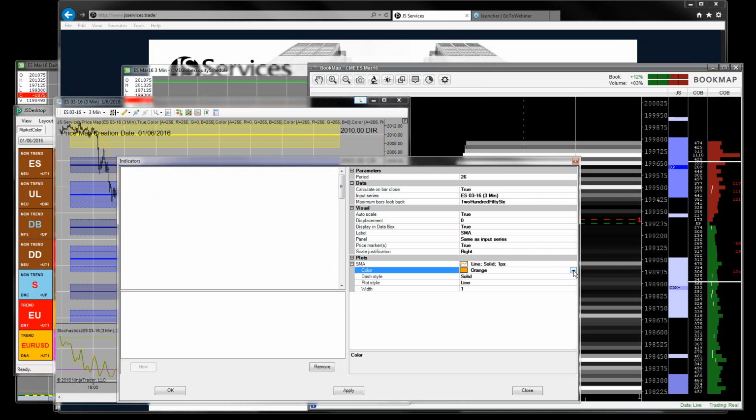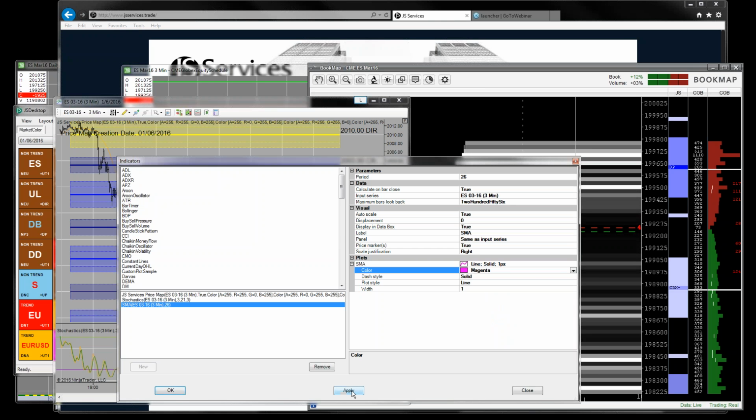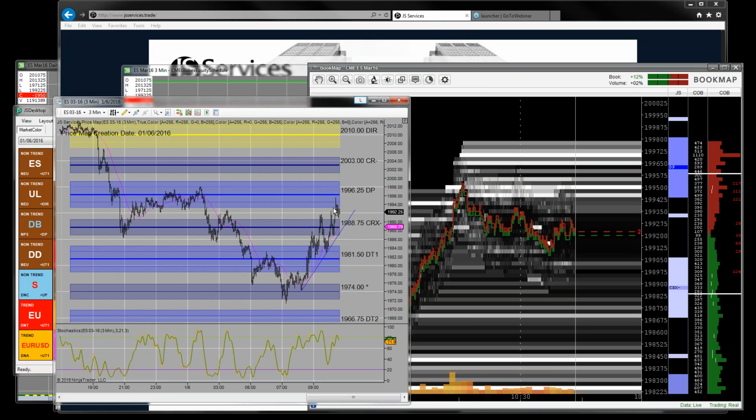There are no magic numbers on any of these indicators, but they just give some insight, kind of in your face, of what this market is doing. Is it trending, and which way is it trending? And if we're looking for a turn in trend, we want to see a break in structure. So we're always going to monitor that price structure within the market structure, and then we want to look for that confluence at the moment using BookMap.